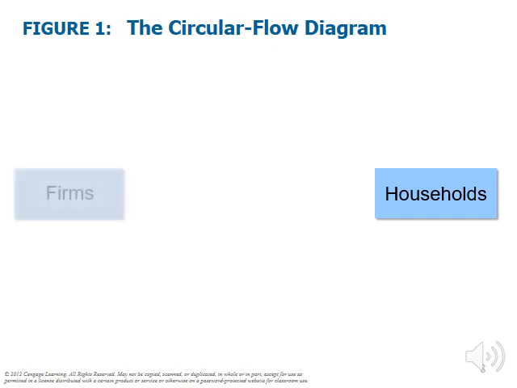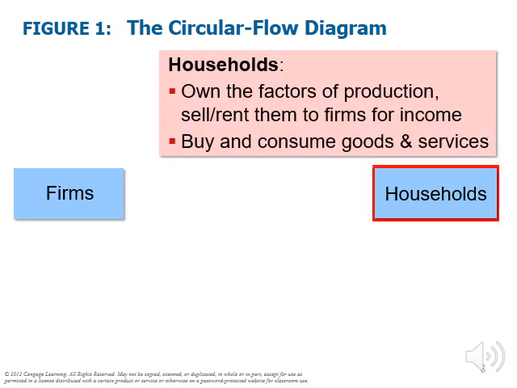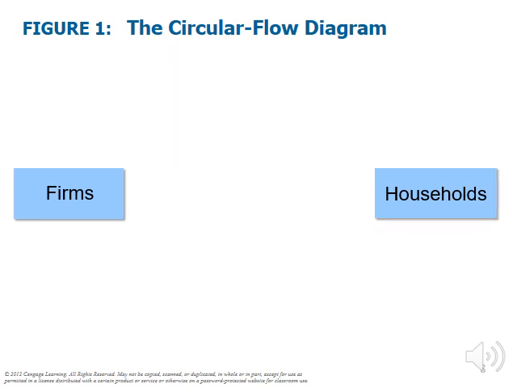Households, in turn, will receive income or remuneration for the factors of production that they let out to the firms. Households also buy and consume goods and services using the income that they've received from selling in the market for the factors of production, from contributing to production in some fashion.